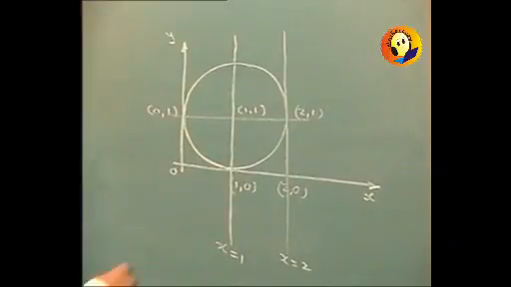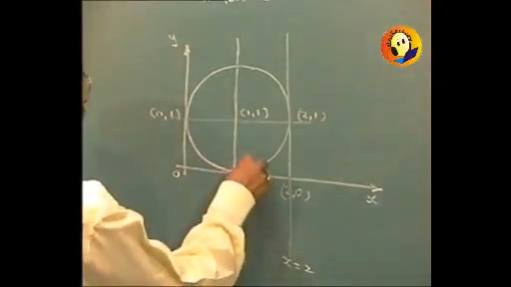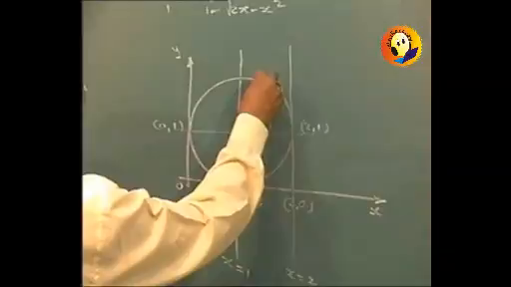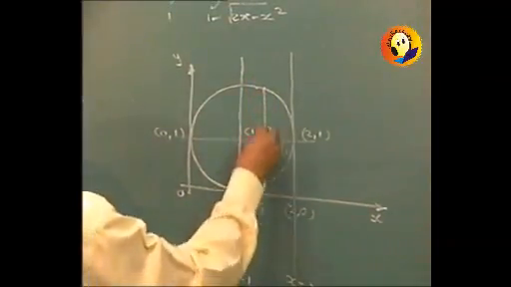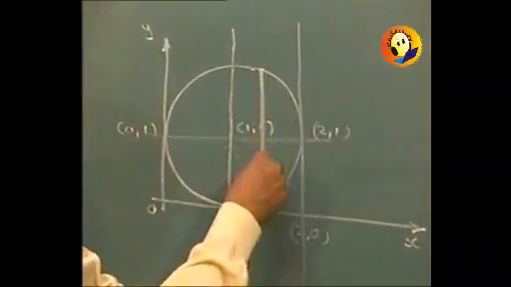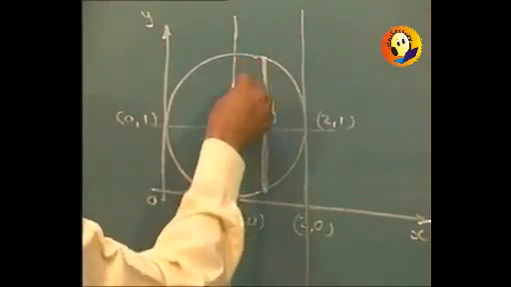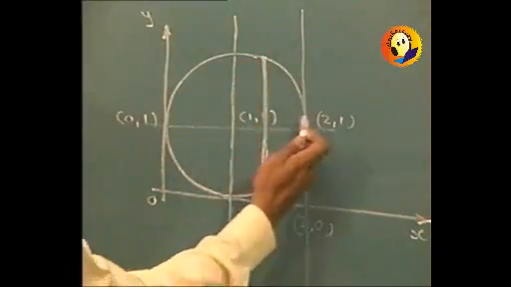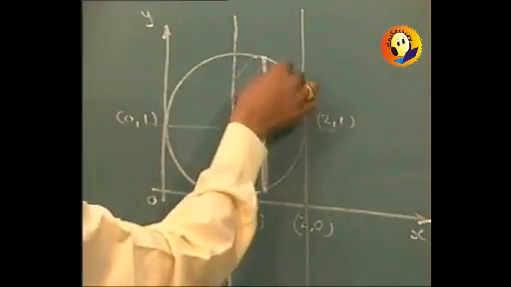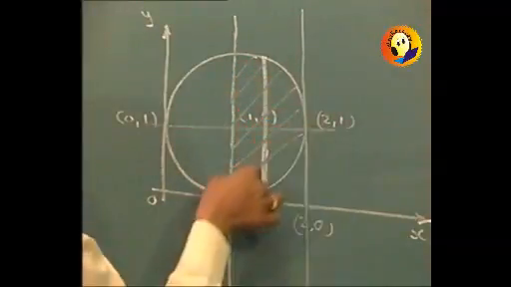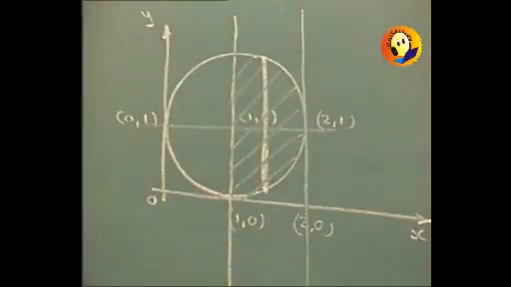From curve to curve, the strips are taken parallel to the y-axis. So his strip starts on the circle and ends on the circle, and such strips are taken from x equal to 1 to x equal to 2. Ultimately, this semicircle is the region of integration.